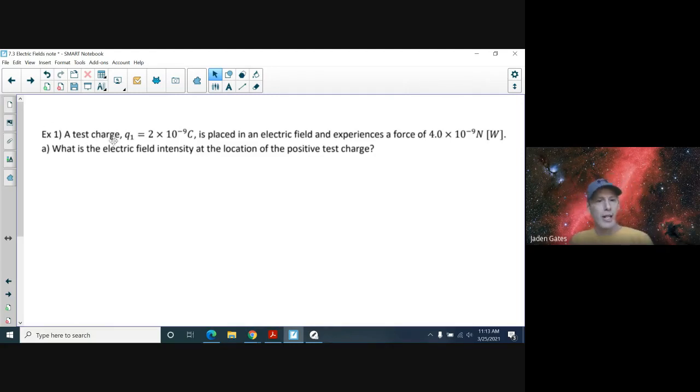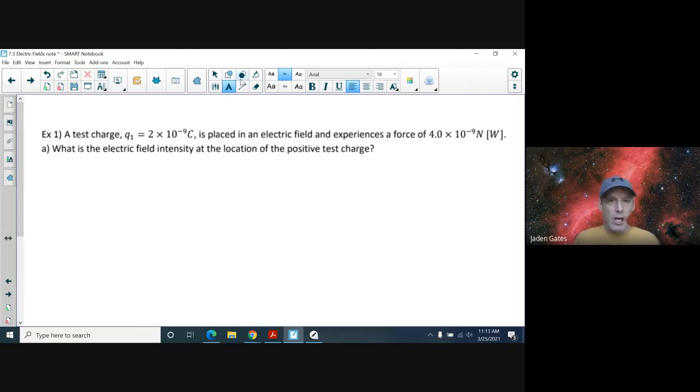Here we go. A test charge of 2 times 10 to the power of negative 9 coulombs is placed in an electric field and experiences a force of 4.0 times 10 to the negative 9 newtons west. What is the electric field intensity at the location of the positive test charge? So this charge here is experiencing this force.